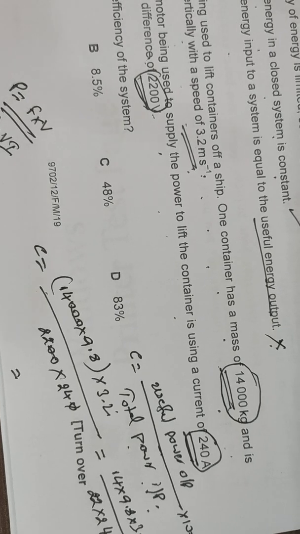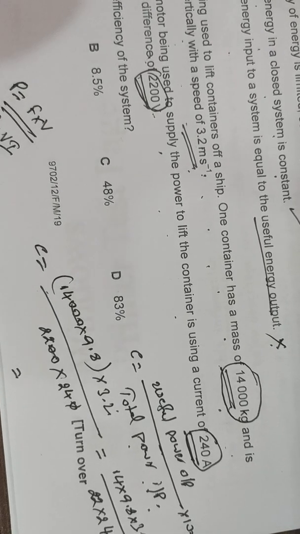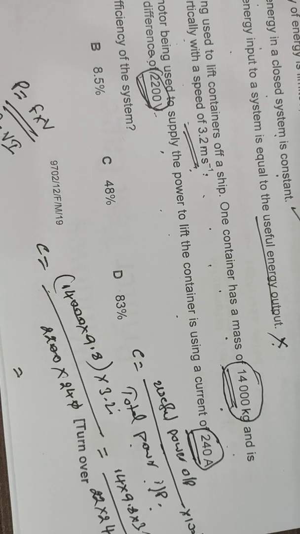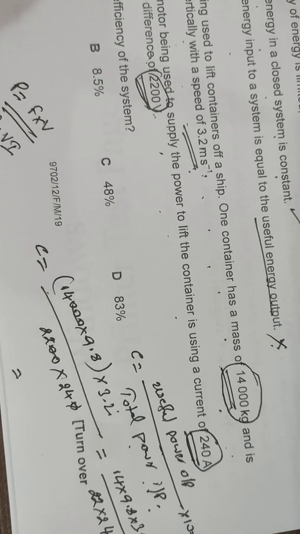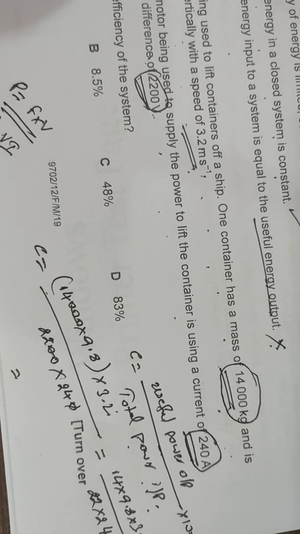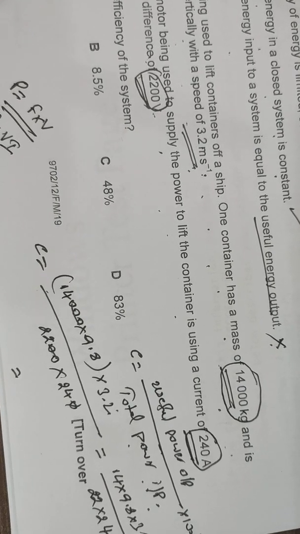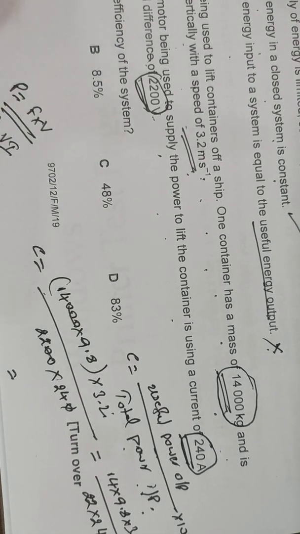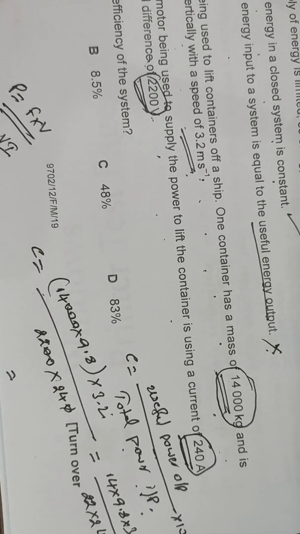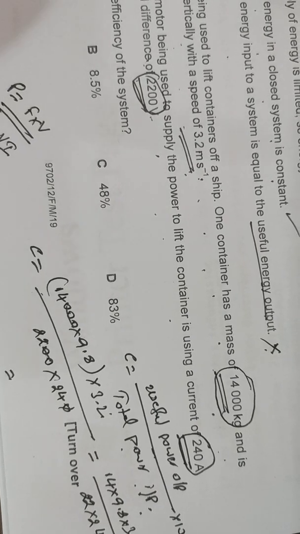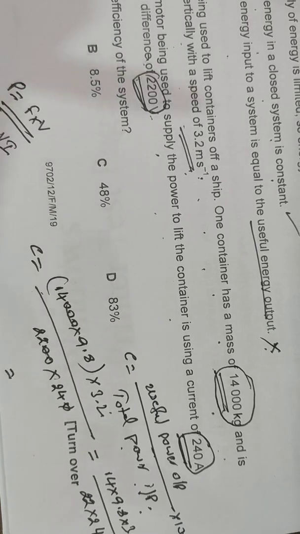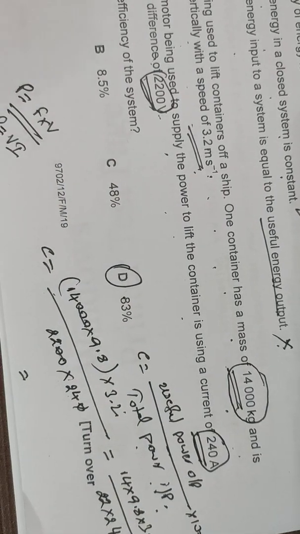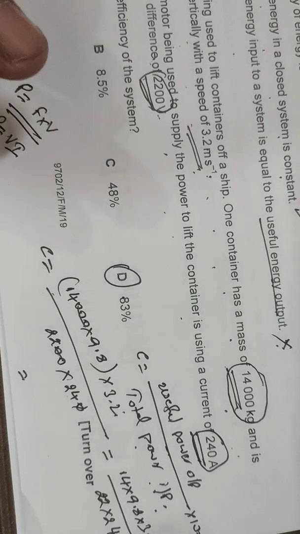So bracket begins. 14 times 9.8 times 3.2 is equal to 43904, divided by 22 times 24, which is 528, is equal to 83.15%. 83.15%, which means D. Okay, that's how you will calculate the 13th, 14th, 15th, 16th.